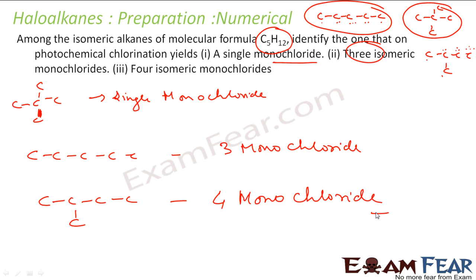With this, I think this solves the question. So we have 3 different isomers of C5H12, that is pentane, and the first one yields 1 monochloride, the second one yields 3 monochlorides, and the third one yields 4 monochlorides.